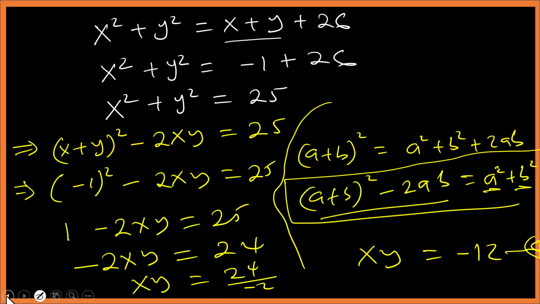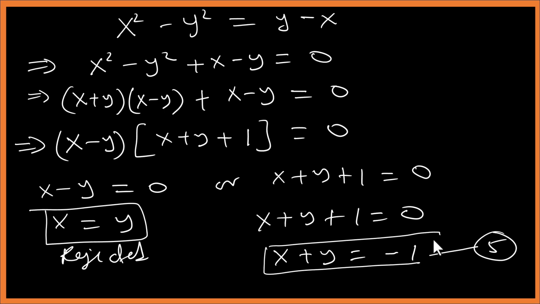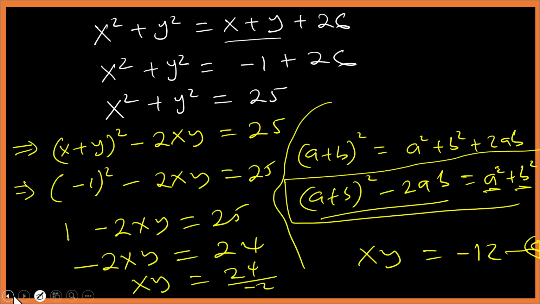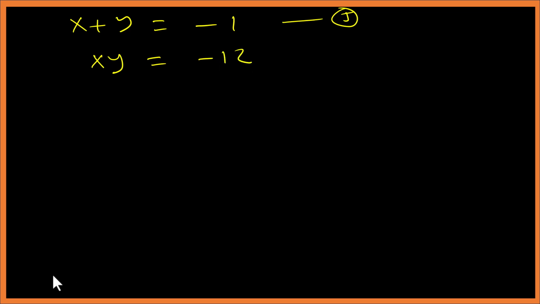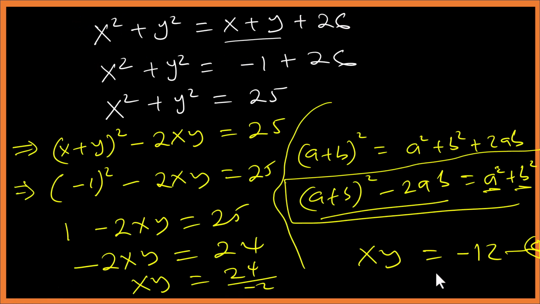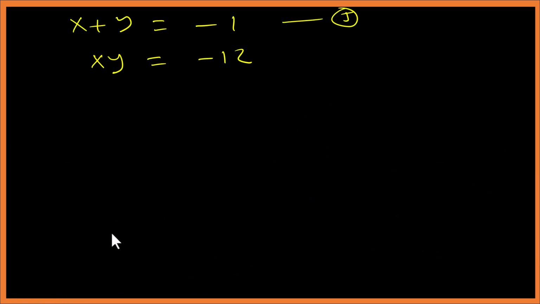So remember, we have x plus y equals -1, equation 5, and equation 6 is xy equals -12. Okay, so the question is demanding for x and y, so let's solve for x and y.